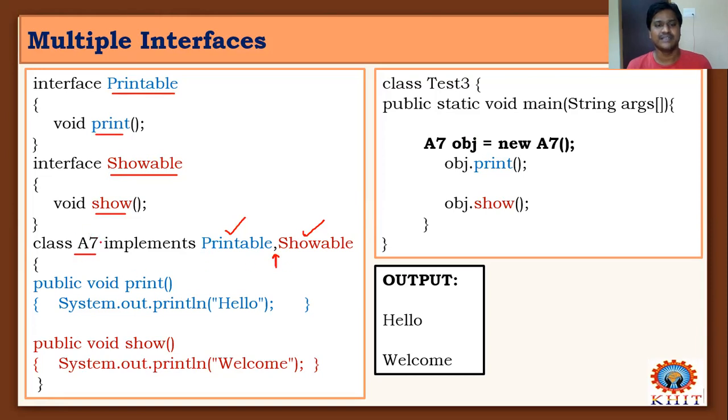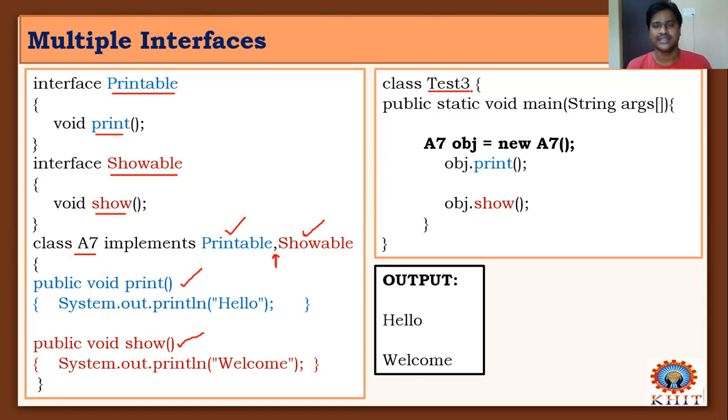This class A7 can now inherit the properties of Printable and Showable, and it must implement the methods defined by these two interfaces. So inside class A7, the print method is implemented on its own and the show method is implemented by class A7 with its own implementation. It is free to implement these methods, right? These two methods' implementation is mandatory for class A7, right?